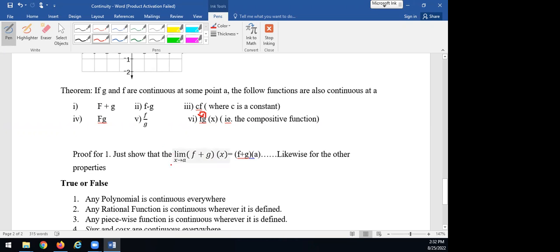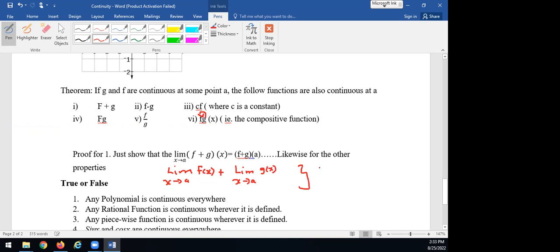So the limit as x approaches a of f plus g is going to equal f plus g of a. So let's prove that this is true. Now, by the laws of limits, and this is your first law that you will learn, I'll go over them shortly: whenever you're finding the limit of the sum, it's also the sum of the limits. You can always split them. So this is the same as the limit as x approaches a of f of x plus the limit as x approaches a of g of x.